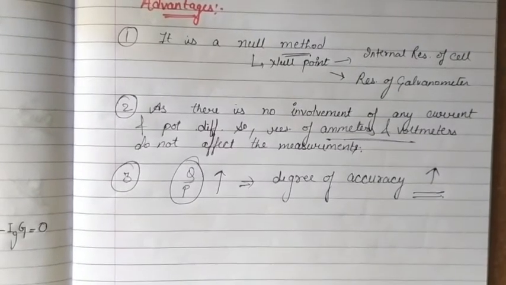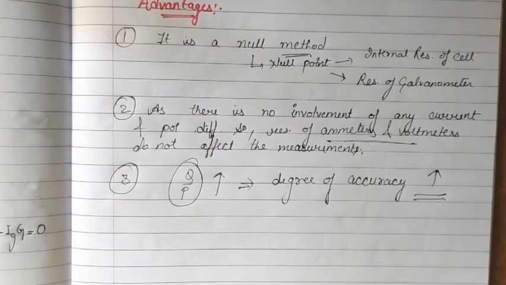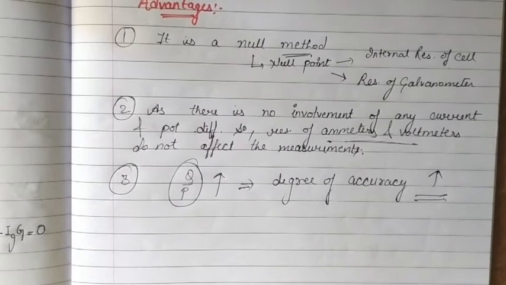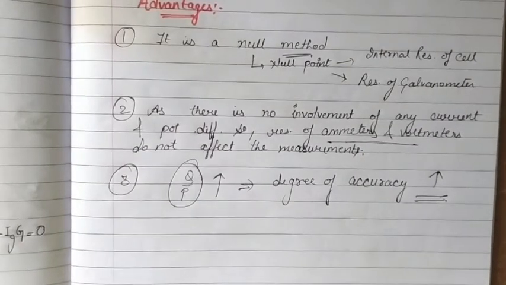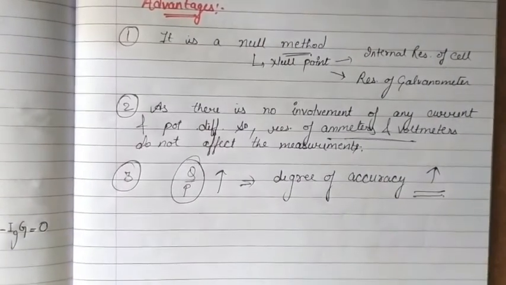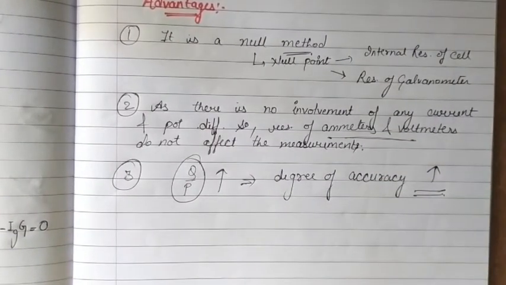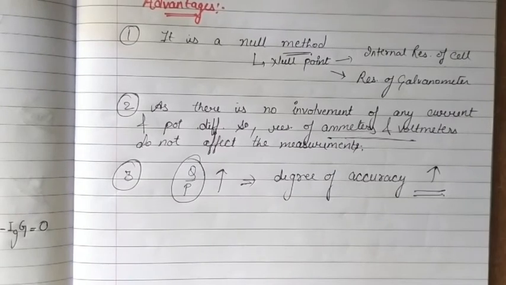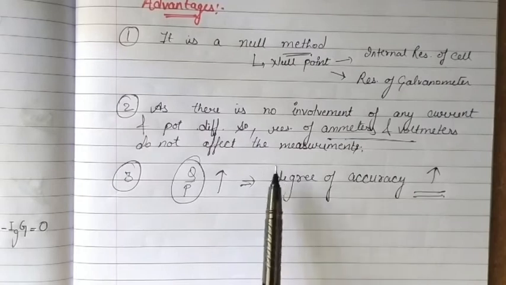One more thing we have to note is that the Wheatstone bridge method is not suitable for measurement of very low and very high resistances. With this method we cannot calculate very low and very high resistances accurately, but within the medium range this method is good and quite accurate.